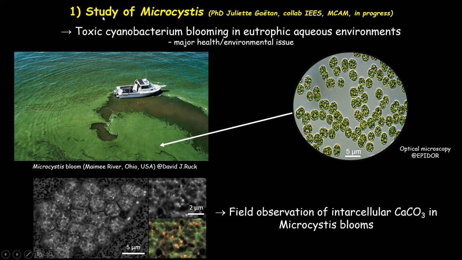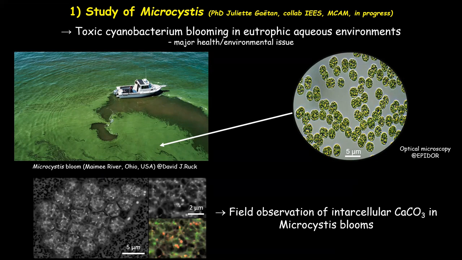And so, for example, we now have a study of a cyanobacterium more specifically, affiliated to the Microcystis genus. As I was telling you, this is a toxic cyanobacterium. It's blooming in eutrophic environments.